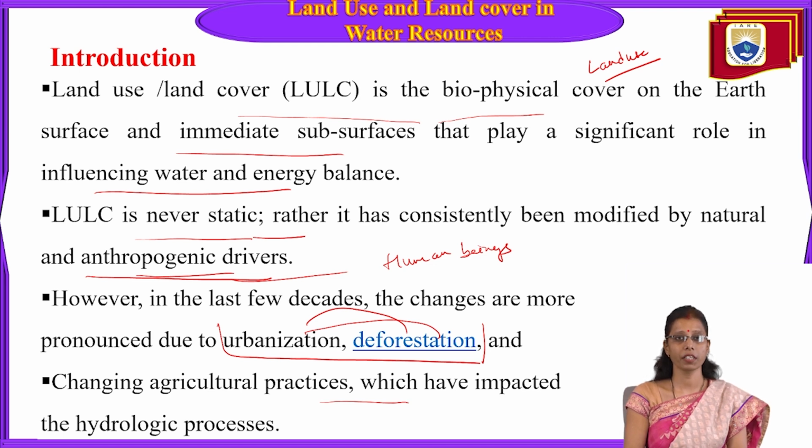How? Wherever deforestation activities are taking place, the water runoff will be more. Whenever rainfall occurs, the total water will run off and there will be no seepage into the ground, so there will be a problem with groundwater as well as surface water.